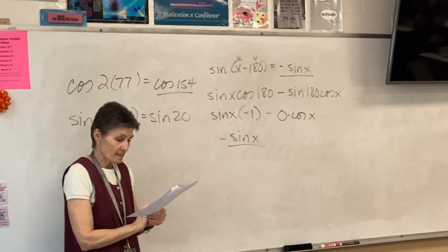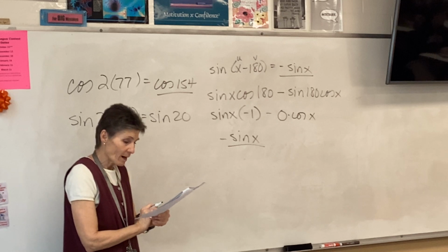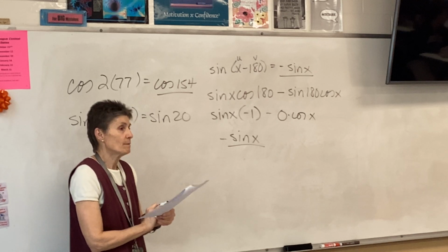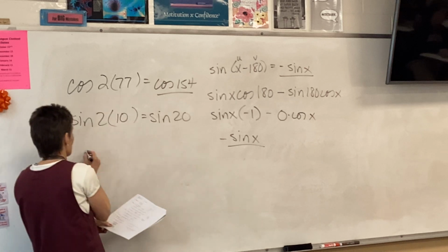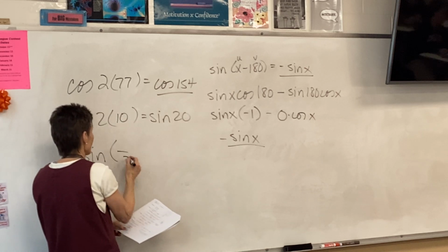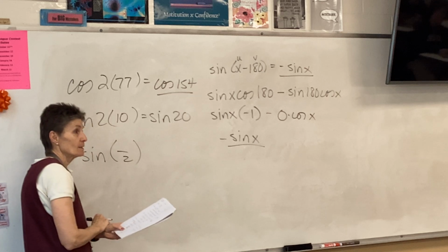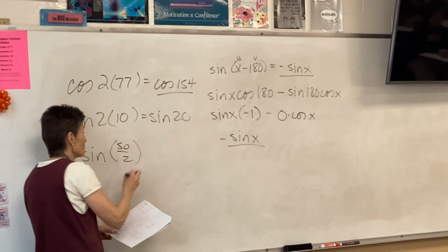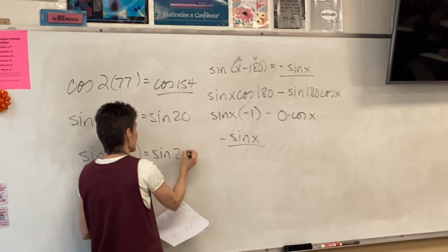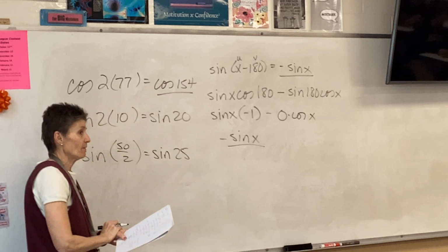Where do you see the square root of (1 minus cosine) over 2? Sine of angle over 2. And the angle is 50, so this is a formula for the sine of 25.